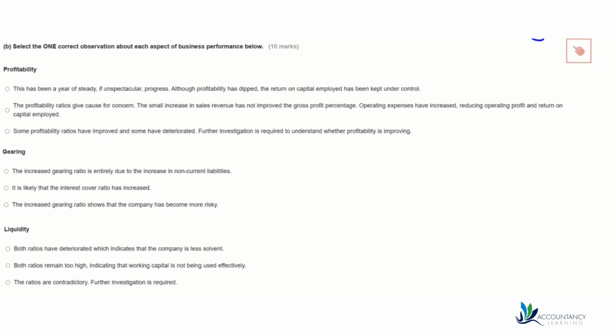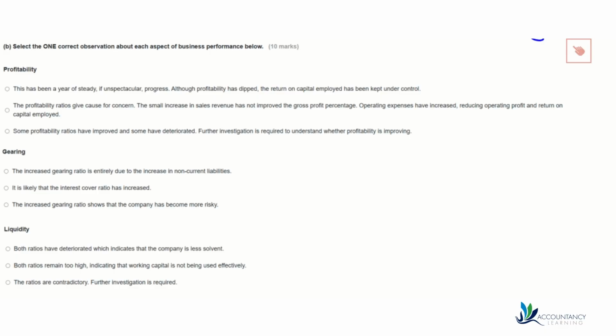The profitability ratios give cause for concern. The small increase in sales revenue has not improved the gross profit margin, and operational expenses have increased, reducing operating profit and return on capital employed. And then the last one, some profitability ratios have improved and some have deteriorated, so further investigation is required to understand whether profitability is improving.